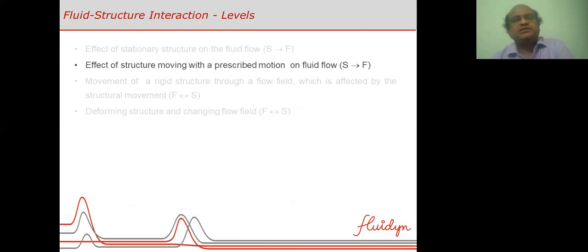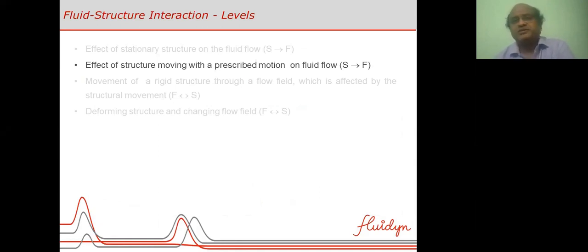Now the second type of fluid structure interaction. What we have considered so far is the effect of a stationary structure. Now in this case, the structure may be moving, but with a prescribed motion. So it is like a one-way coupling.